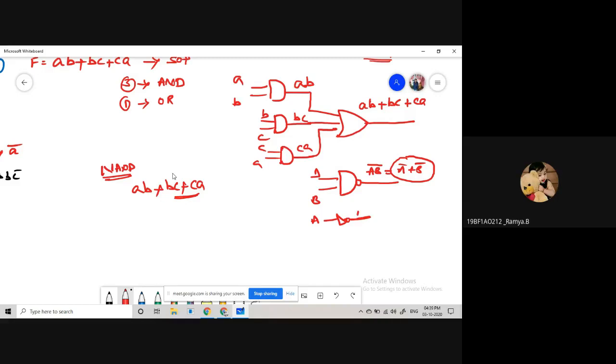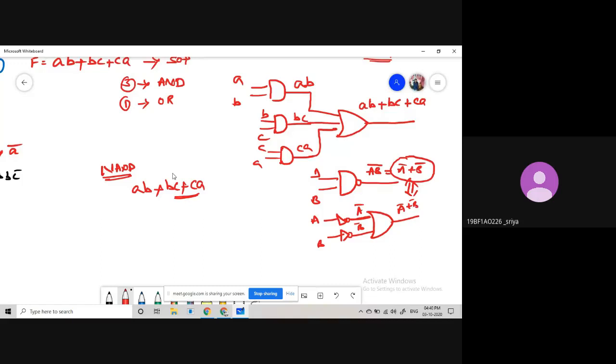Similarly, if I take B and give it to a NOT gate, the output is B bar. These two are given to one OR gate, so we get A bar plus B bar. It is similar to the NAND gate.